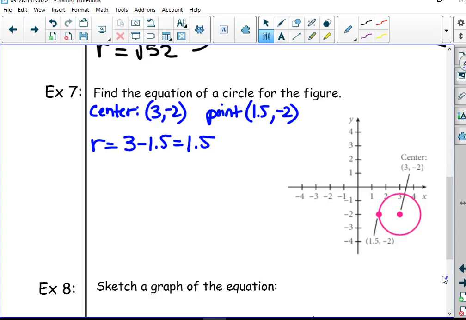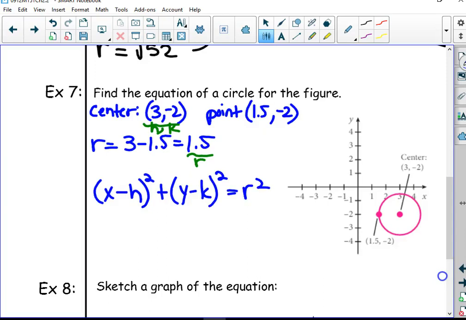So our radius distance is 1.5, and now we're going to plug this in along with the center point. We're going to use this center point, this radius, and h, k, r. So we start with the general form, x minus h squared plus y minus k squared equals r squared.